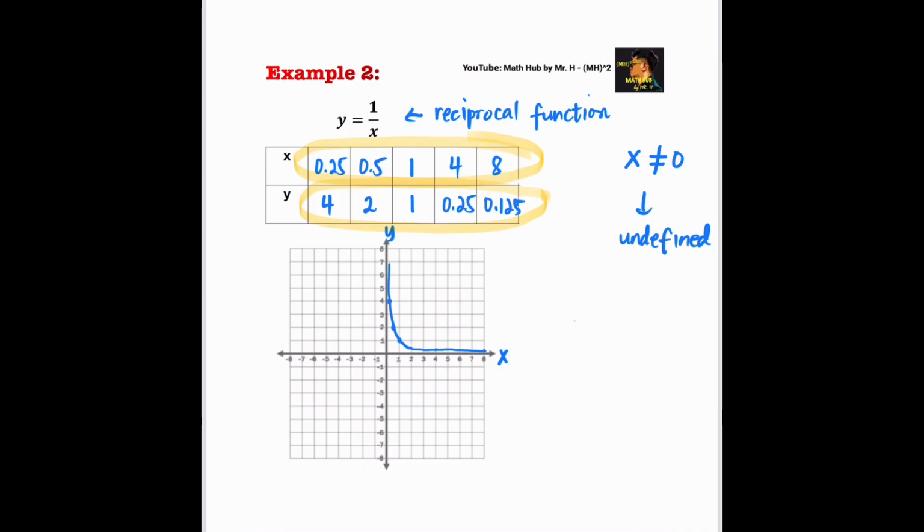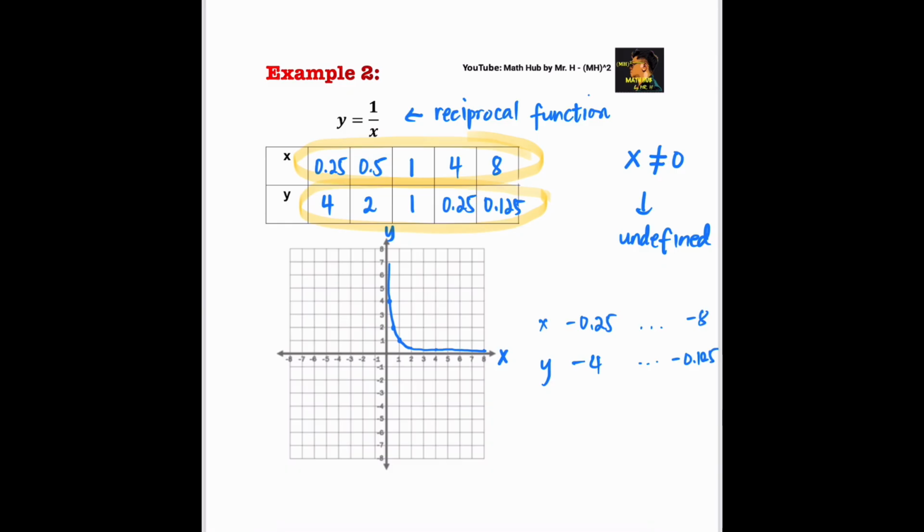If you picked -0.25 for x, definitely your y will be -4. The same goes for the other values. If x is -8, definitely y is -0.125.